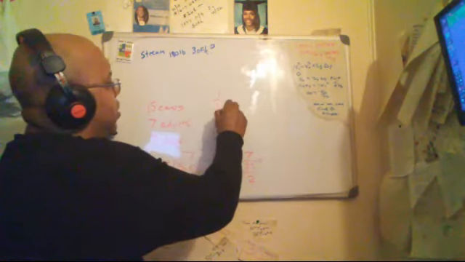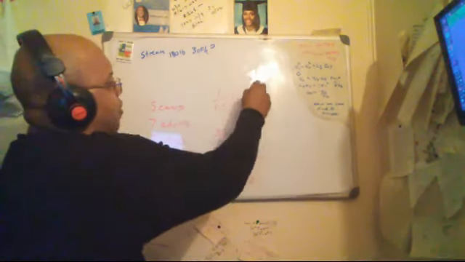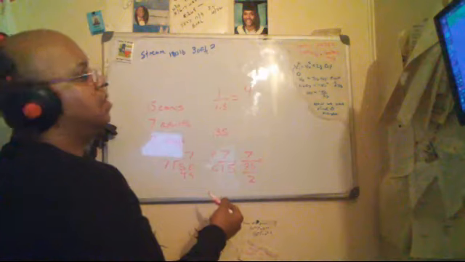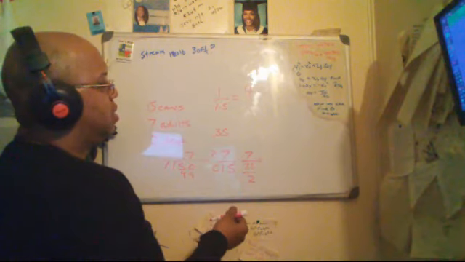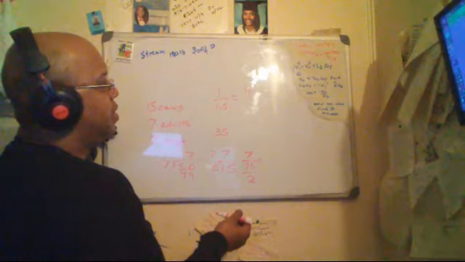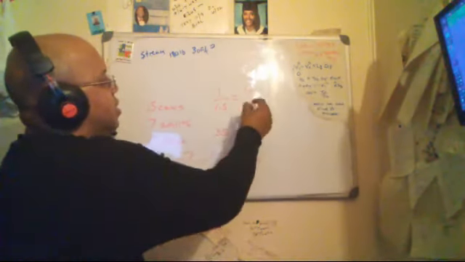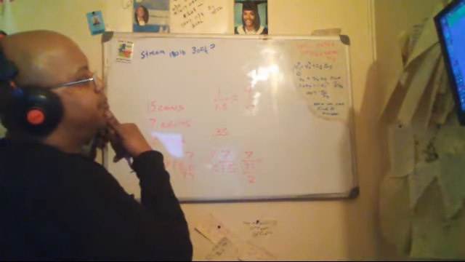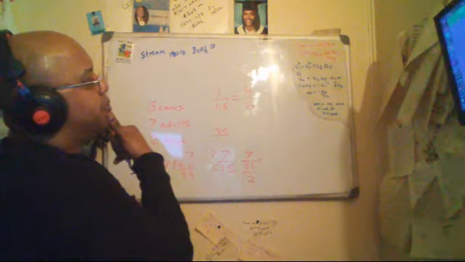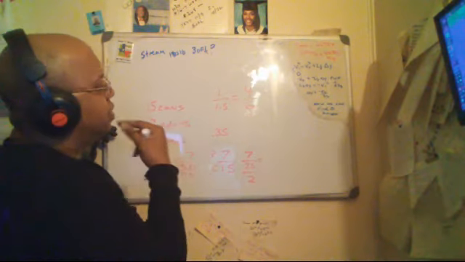So let's just say 1.5. 4 days. 1 day, 1 person is going to eat 1.5 in 4 days. 6. And that's per 1 adult.